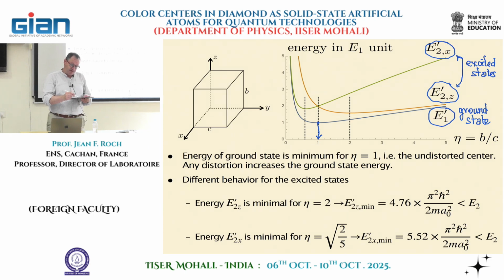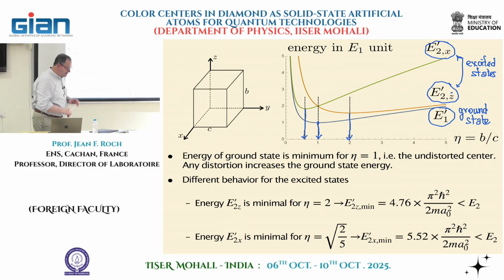For instance, for the wave functions that are mostly along the X or Y axis, I see here a different value of eta. And if now I consider the other branch for the Z state, so the other system, it is obtained for this value of eta.